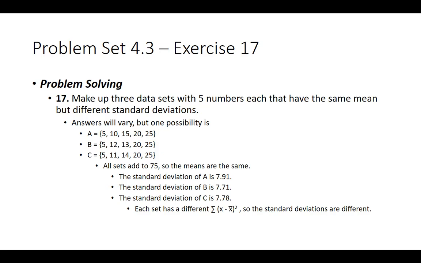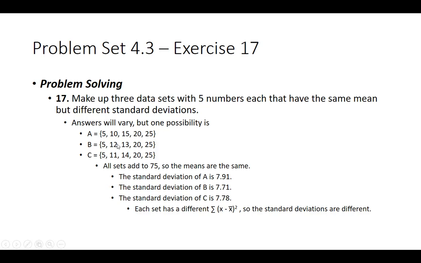For set B and C, I kept 5, 20, and 25, but my number 2 and number 3, I made them different, but still adding up to 25. So my number 2 and number 3 were 10 and 15 for A. I made them 12 and 13 for B and 11 and 14 for C.